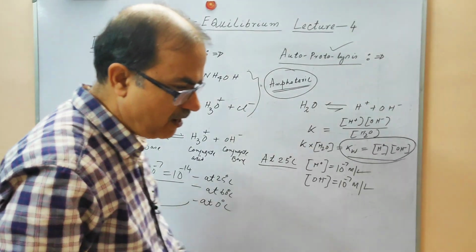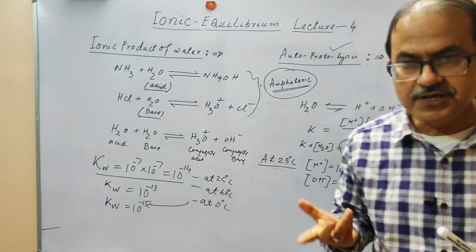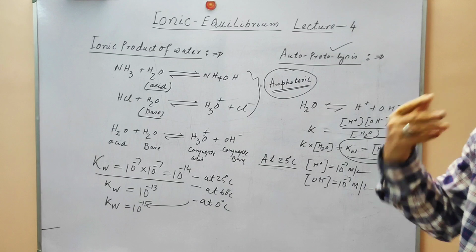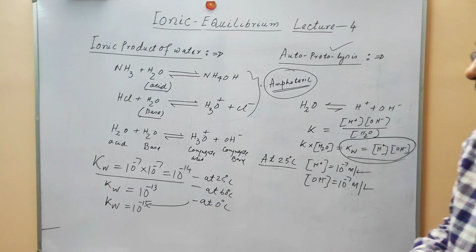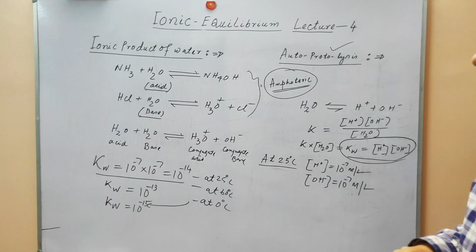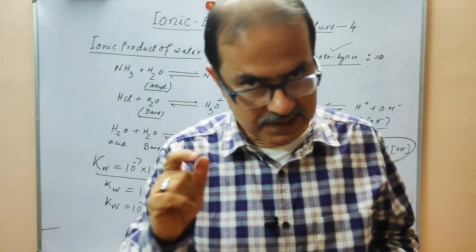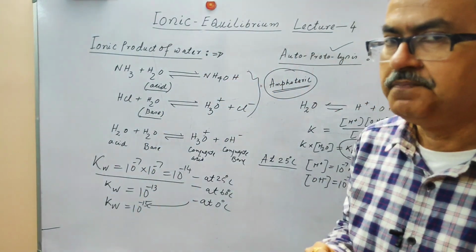So you can see how Kw changes with the temperature. If we increase the temperature, then dissociation will increase, and it is going to give more H plus ions and OH minus ions, and that will give a different value of Kw. So whenever we talk about Kw, we always have to mention the temperature.